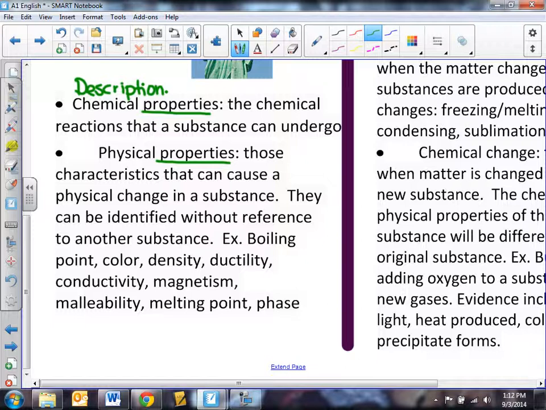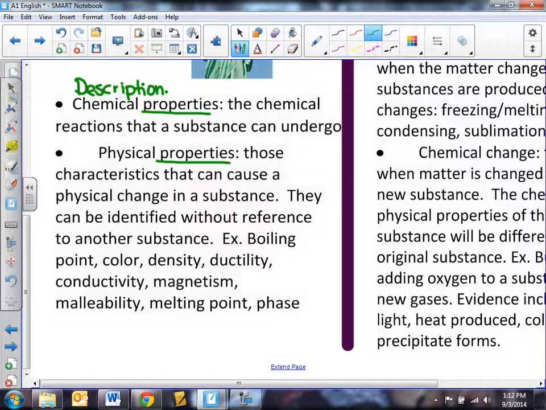It's a description. What is this substance like? And there are two types of properties that I could use. I could use chemical properties. And by definition, that would be what chemical reactions that substance can undergo. So chemical properties are the chemical reactions that a substance can undergo.